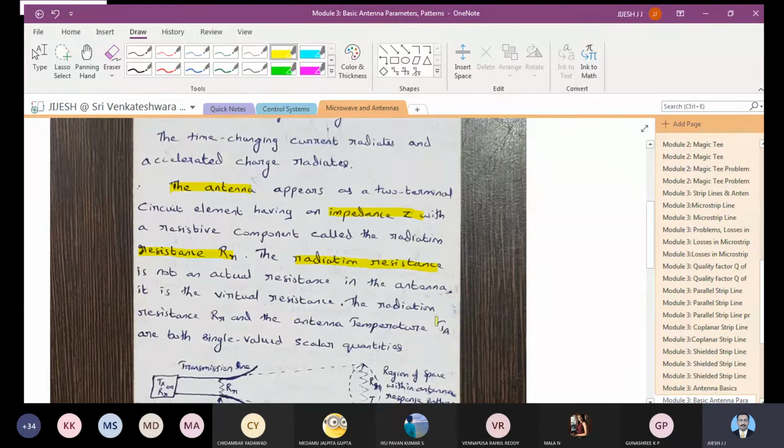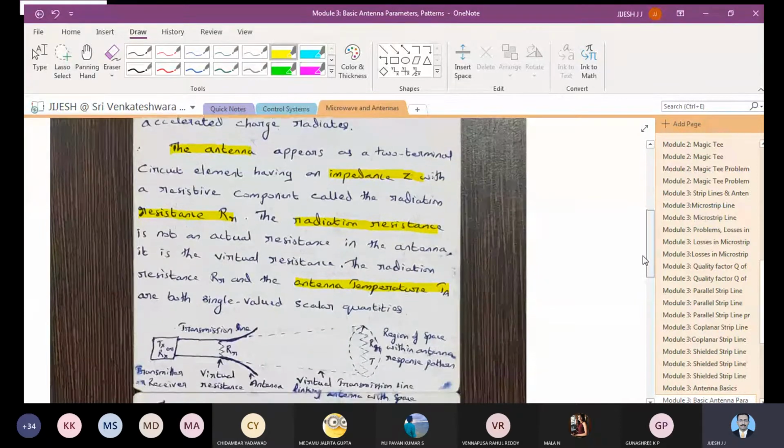That is the reason when you use a mobile phone for a longer duration, which has an antenna to transmit and receive signals, you can feel some heat generated. This is because of the radiation resistance as well as the radiation in contact with the antenna and the electronic components. That is defined as antenna temperature, called TA.